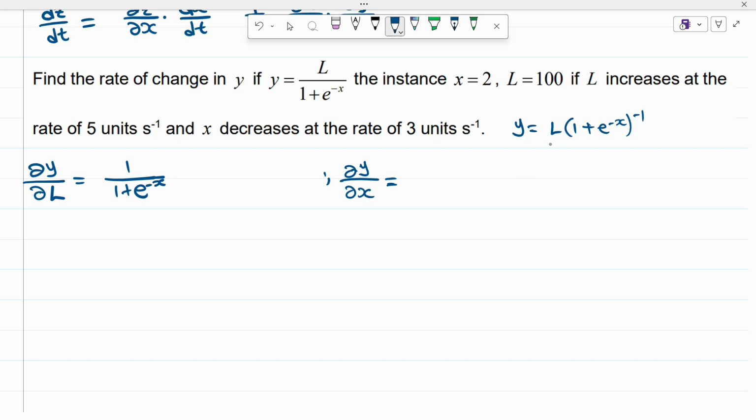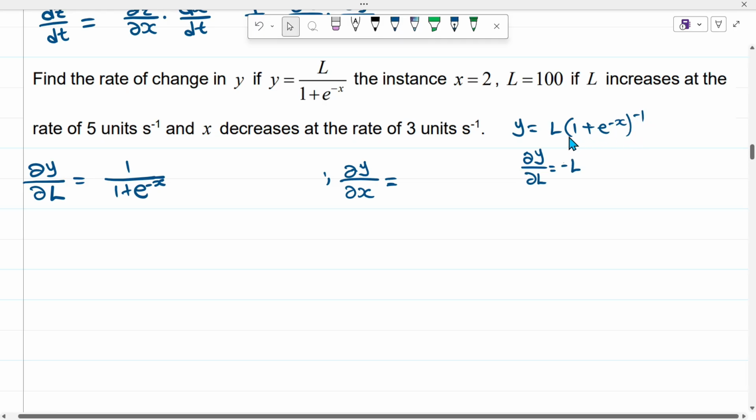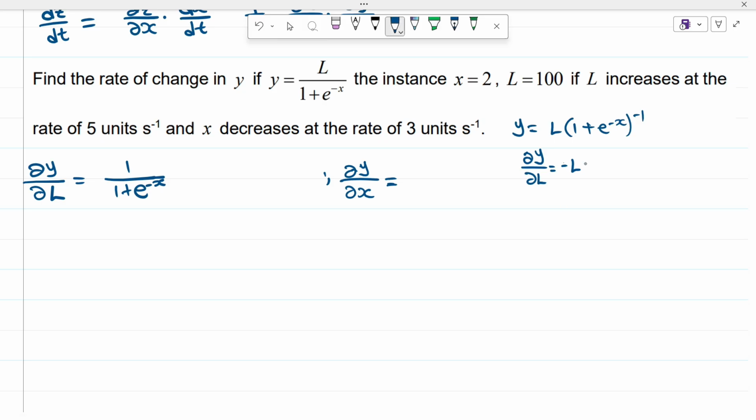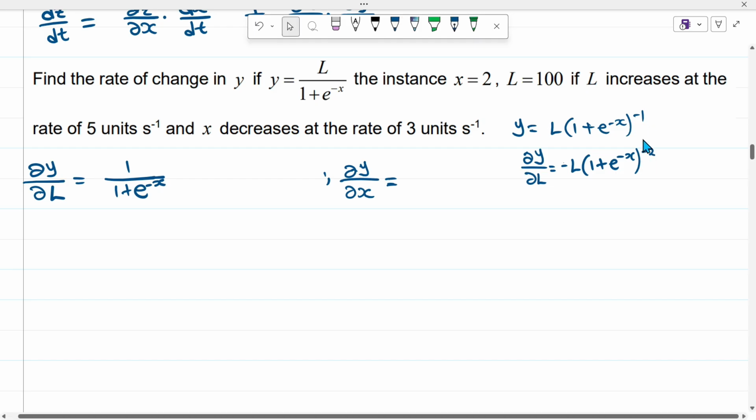Let me write it down so that you understand. So the partial derivative of y with respect to x for this case will just be negative L, because this negative multiplies L there. Then we take 1 plus e to the power negative x, all to the power of negative 2, from the negative 1.